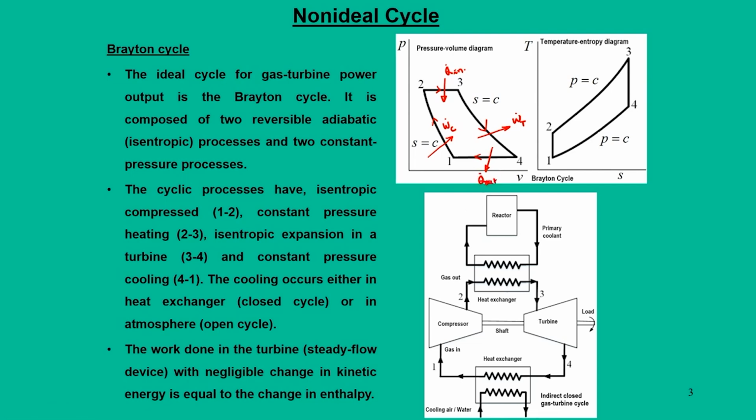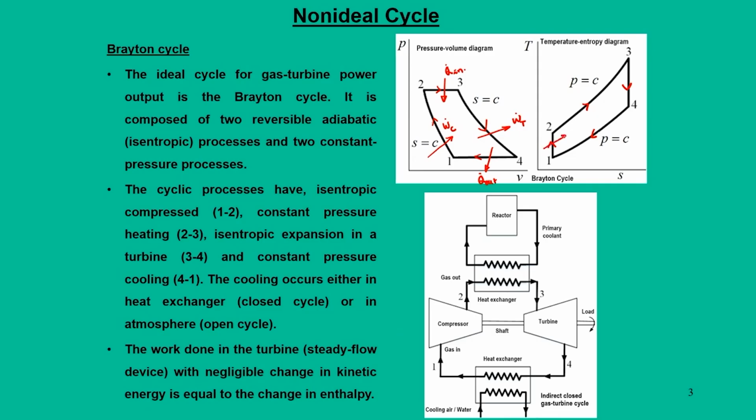In the T-S diagram we also have isentropic compression 1-2, constant pressure heat addition 2-3, isentropic expansion in the turbine 3-4, and constant pressure heat rejection process 4-1.